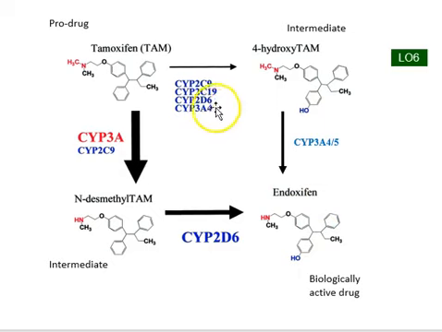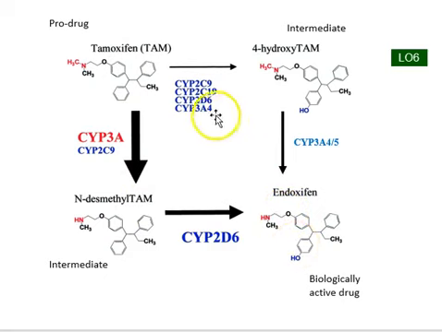But you can see that in most of these situations, CYP3A4, and maybe CYP3A5, have major roles. So a CYP3A4 inhibitor is really going to alter the ability of any patient to make endoxifen.